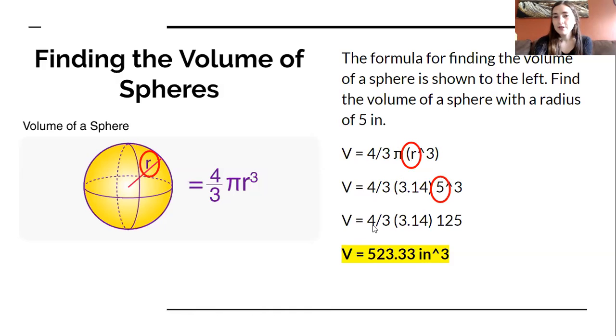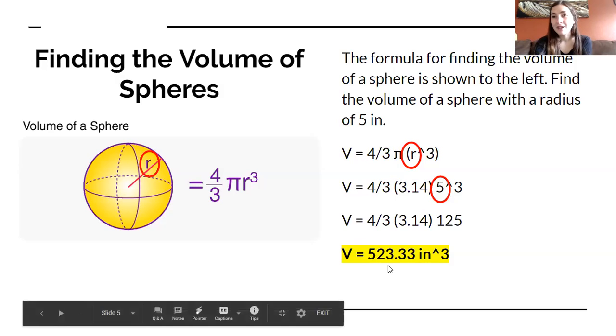We have 4/3 times 3.14 times 5 cubed. 5 cubed is 125. So we have 4/3 times 3.14 times 125. This time we're going to plug in 4 times 3.14 times 125, and then divide by 3. If you do that, we'll get 523.33 inches cubed.